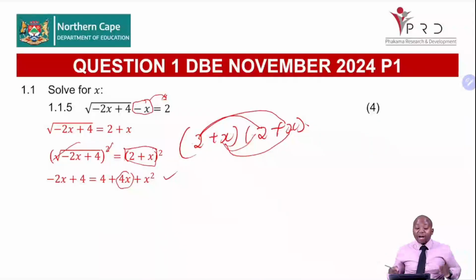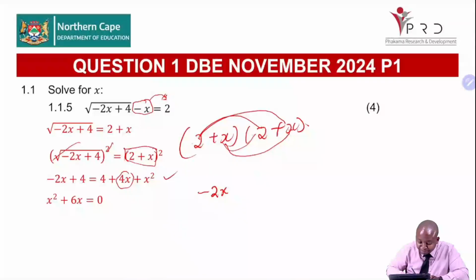From here, I can now have it in standard form. My standard form is to say all of the terms on one side, equated to 0 so that we can apply our zero factor law. Then what I do is the following. I will just say negative 2x plus 4 minus 4. So I'm going to now work with that 4.